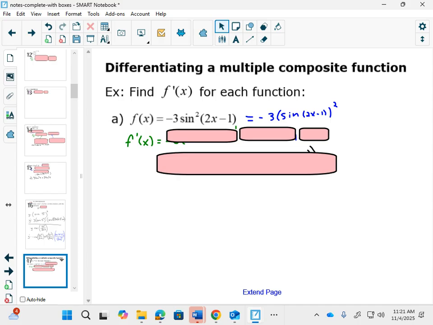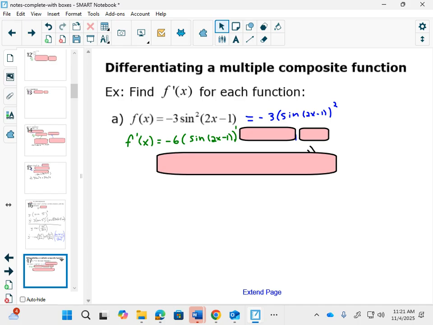So my most outside function is the square. Chain rule says, do the derivative of your outside function, keep the inside the same, then do the derivative of the inside. So if I start with the derivative of the outside, my 2 would come out in front. I keep the inside the same. Then I need to multiply by the derivative of the inside.